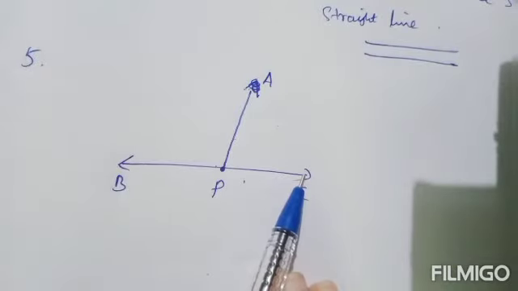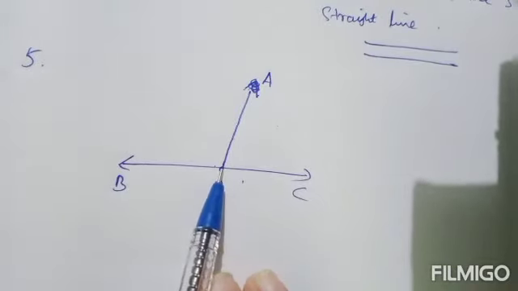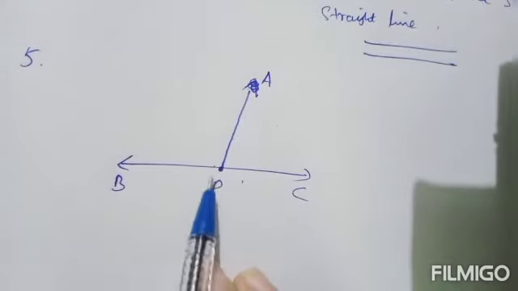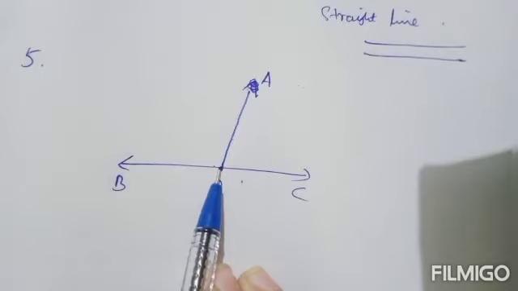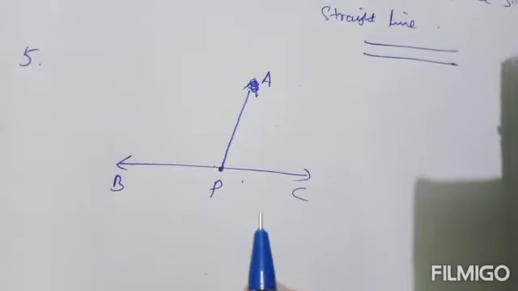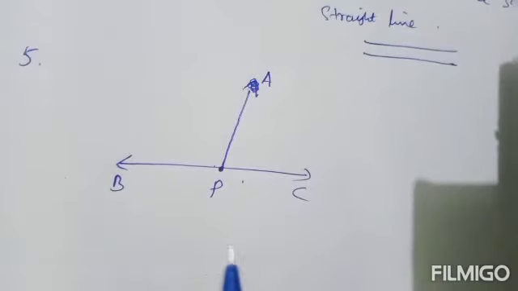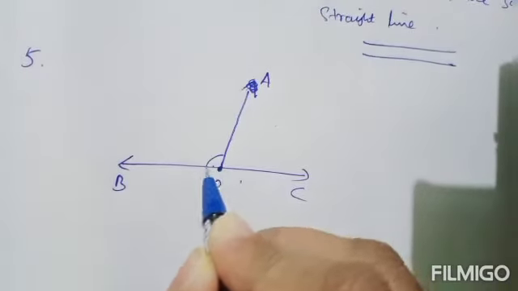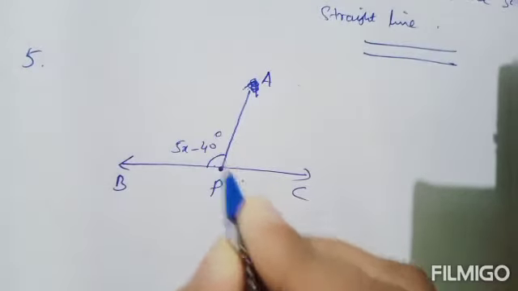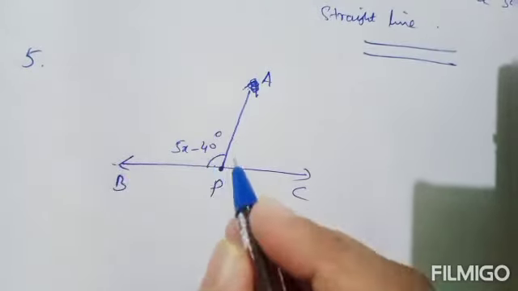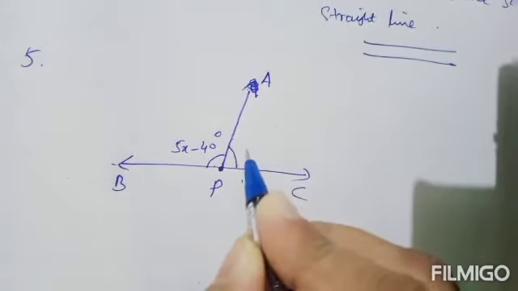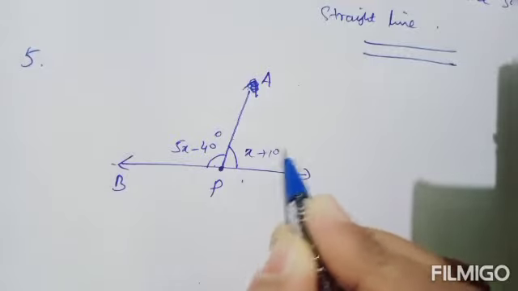Line BC, in that anywhere you can mark a point P. Now AP line segment stands at point P. Angle APB is given 5x minus 40 degree, and angle APC is x plus 10 degree.